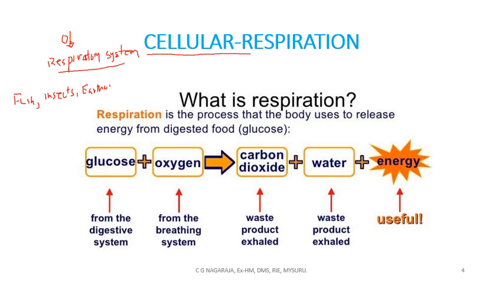And we also have other animals like human beings. So let us just think of 4 different groups of organisms. One is fish, which lives in water and has gills for respiration. That is the system they have, the gill system. And insects have small tubes called trachea. Trachea helps in respiration.